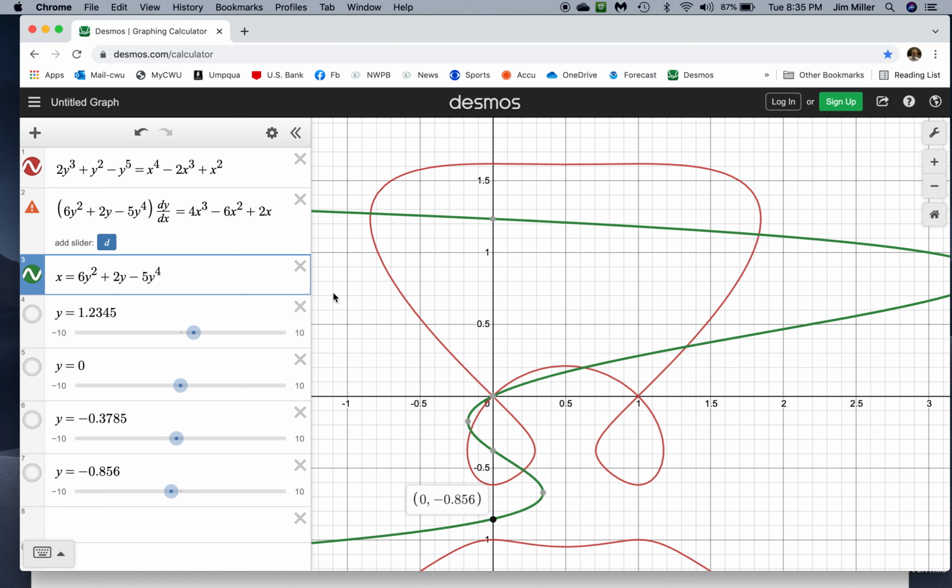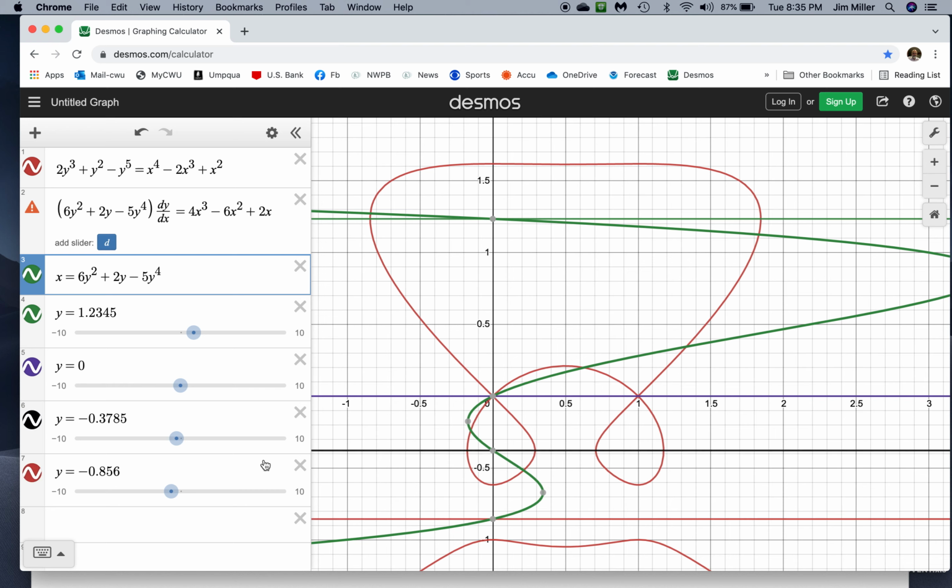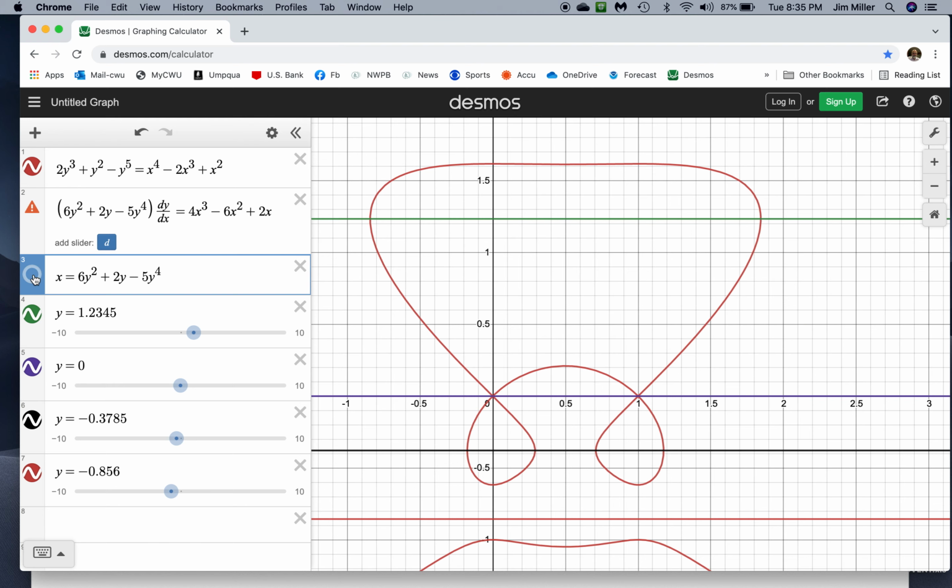Now, I'm going to draw horizontal lines through those points. So I'm going to turn this one on, and that one on, that one on, and that one on. And now I'm going to turn off this equation for the denominator because I've located where it was 0. Where this crosses the curve is where there's a vertical tangent. And that point is basically 0.85 and 1.2345.